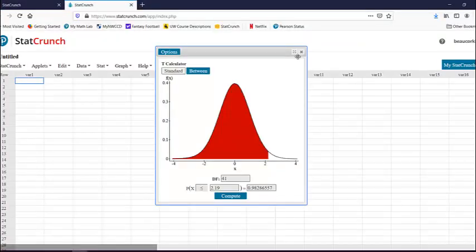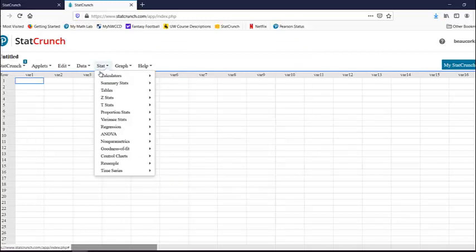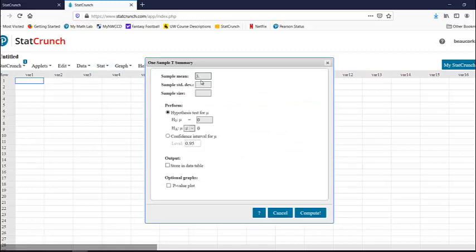So, the calculations. In StatCrunch, Stat, T Stats, One Sample, With Summary, because we have the summary statistics. We were given the sample mean, which is 3.02, sample standard deviation 0.537, and sample size 9.